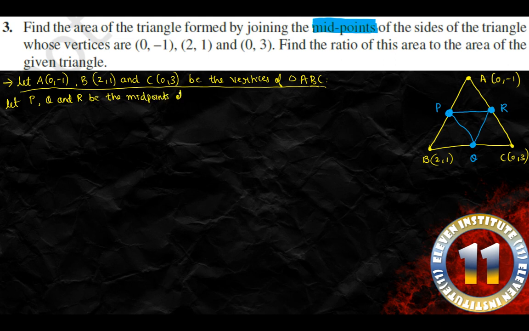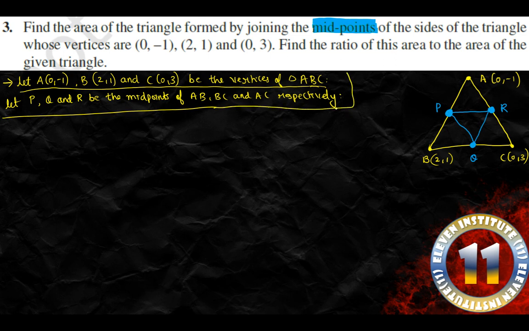Let them be the midpoints of the three sides which are AB, BC, and AC respectively, right? Now we will first find the coordinates of P, Q, and R by applying the formula of midpoint.